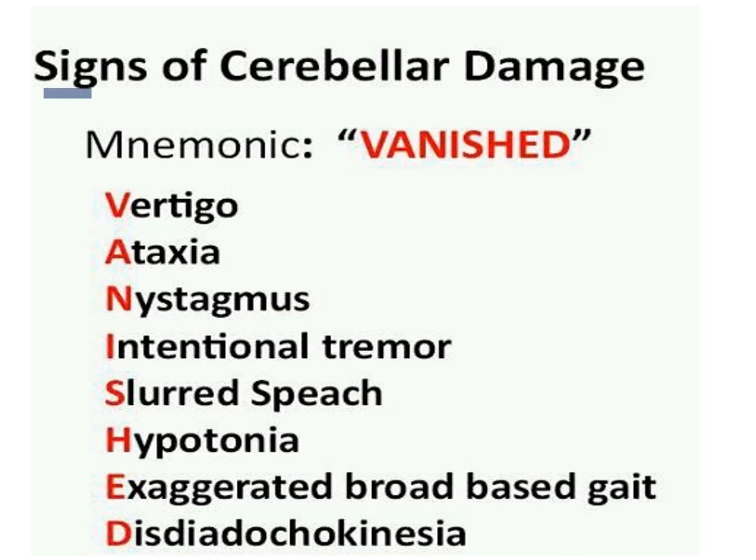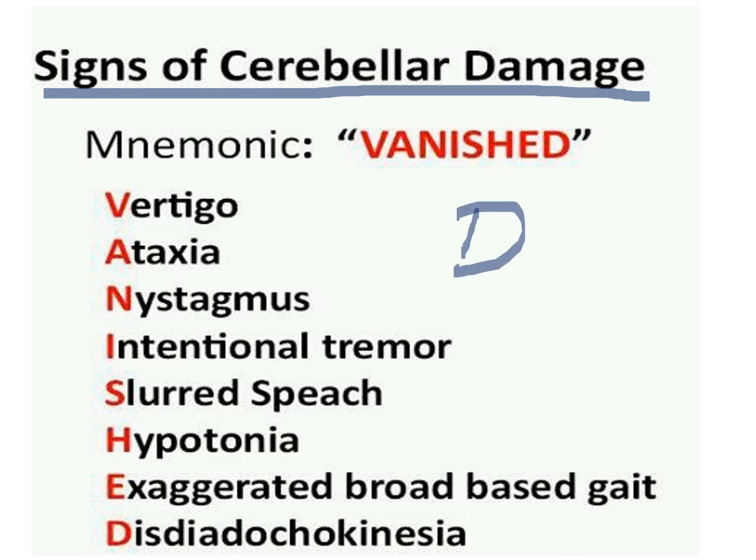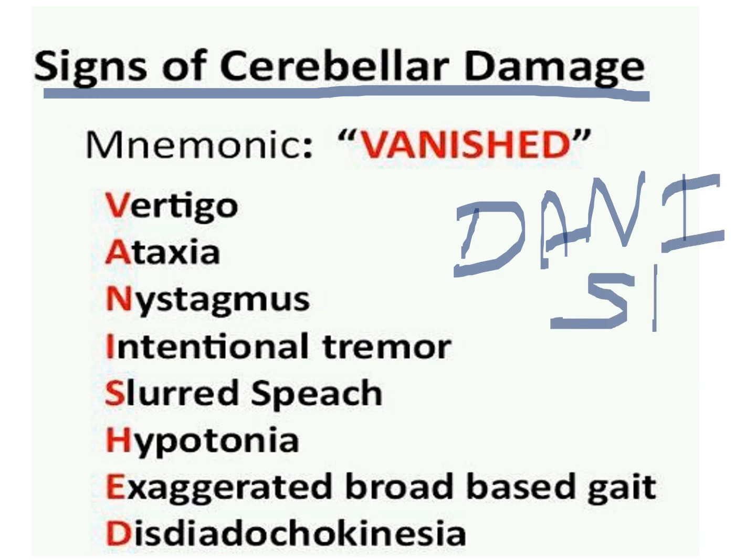If you see the signs of cerebellar damage, there are many. There are many mnemonics also to remember this. One is Danish. If you have heard this mnemonic, I am telling the other mnemonic to remember cerebellar damage: VANISHED.